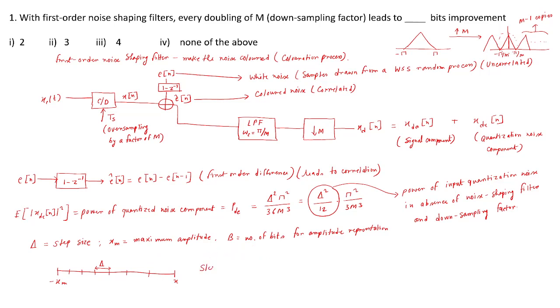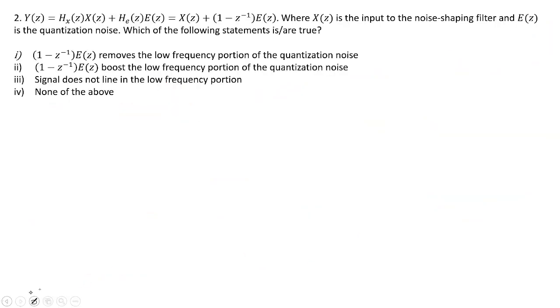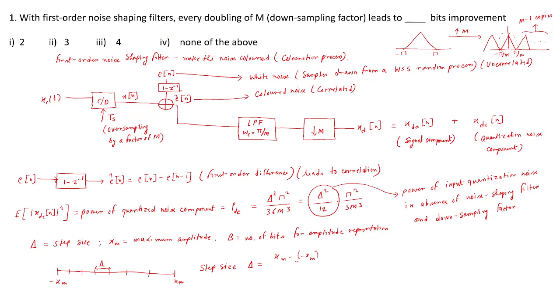So mathematically, what is going to be the representation? Step size delta is equal to your maximum amplitude Xm, your minimum is minus Xm, sorry, and how many different representations are possible? 2 to the power B plus 1.